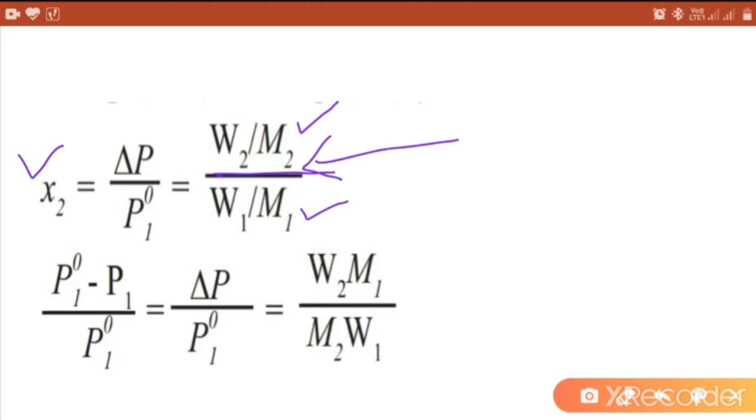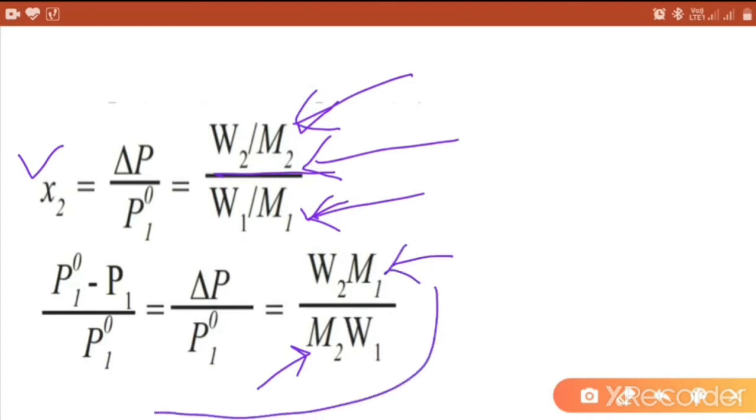By transferring this M2 to the denominator and this M1 to the numerator, this equation is obtained: P1⁰ minus P1 divided by P1⁰, which is ΔP divided by P1⁰, is equal to w2 M1 divided by M2 into w1.